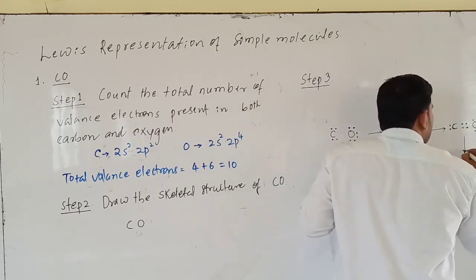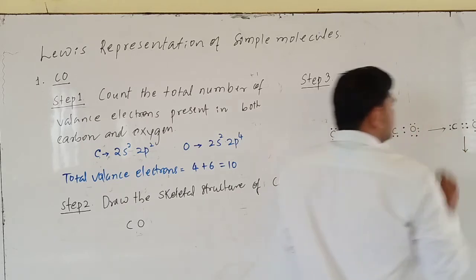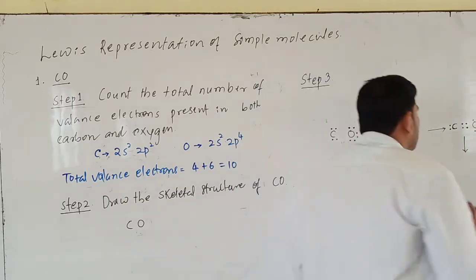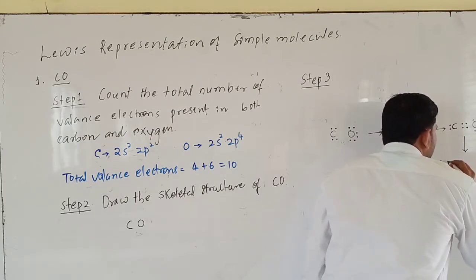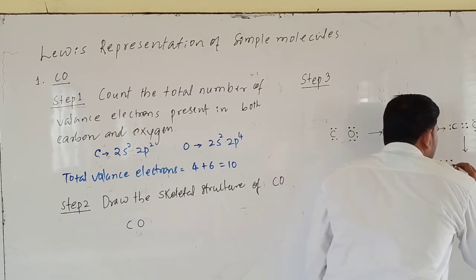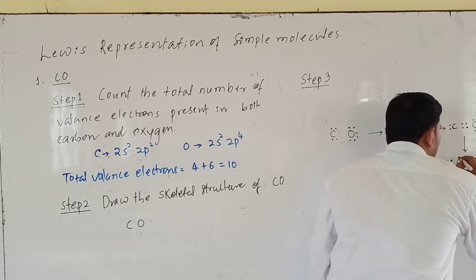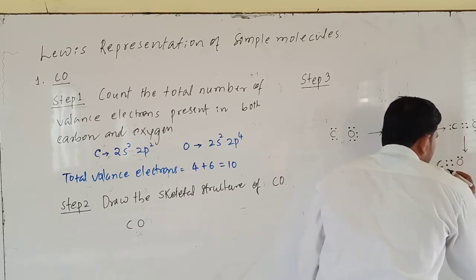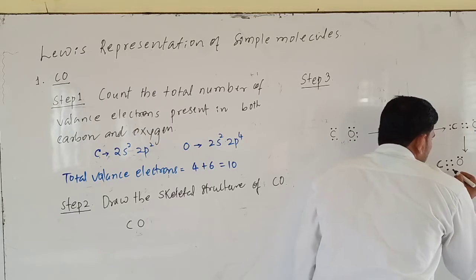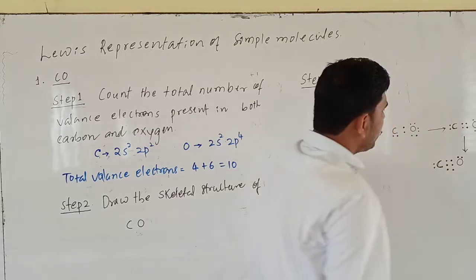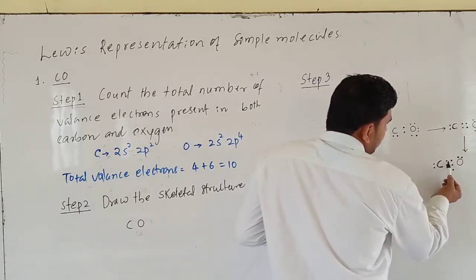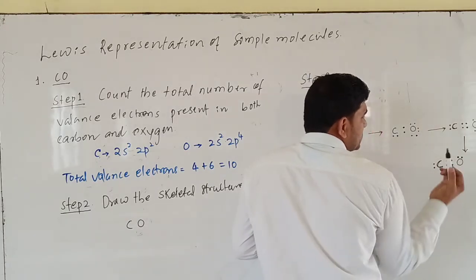Now draw one more bond. See what will happen. Carbon already has 4 electrons over here. Now you take these 2 more electrons. Look at this structure now. 6 plus 2 is 8. 6 plus 2 is 8.